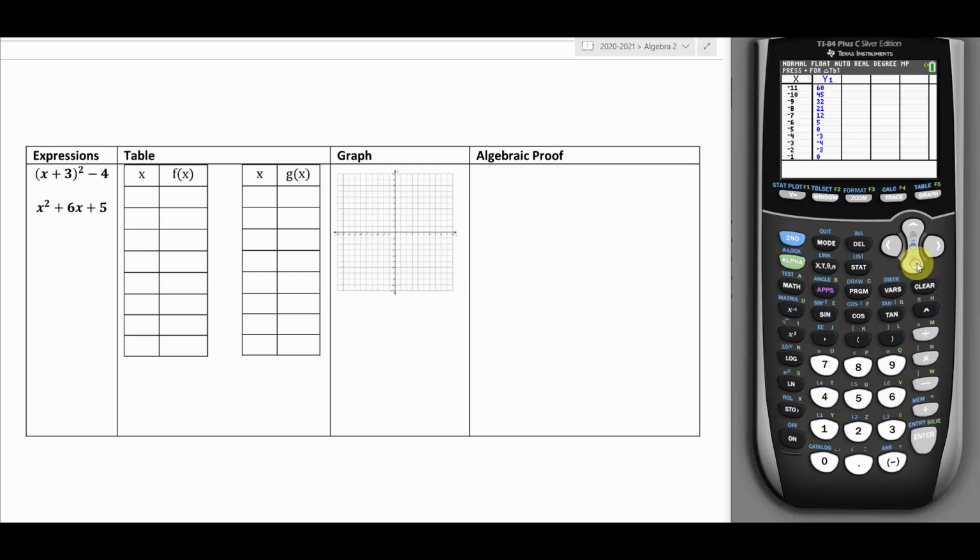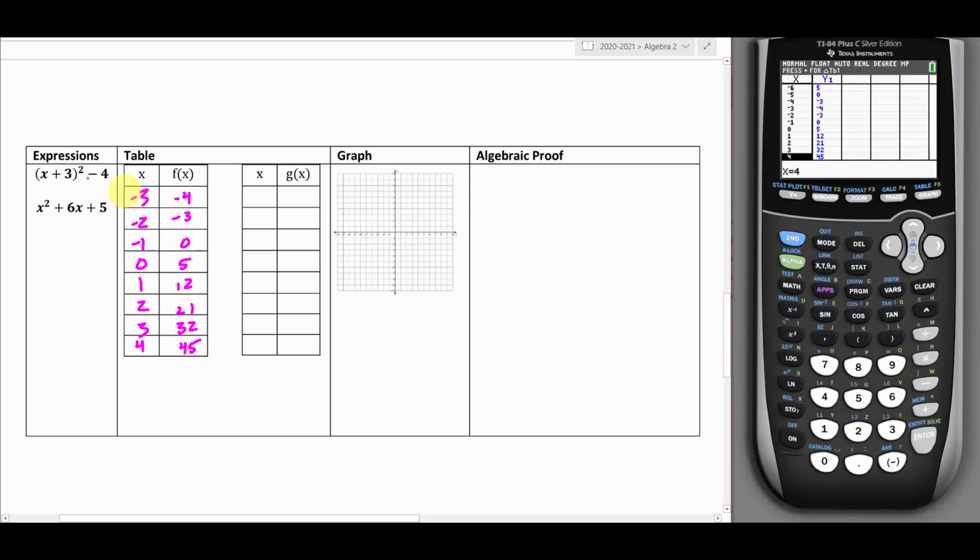I don't want to get too far away from 0. So let's do like negative 3 to 3 if we can fit that in there. So negative 3, negative 2, negative 1, 0, 1, 2, 3, 4. That works. And we're going to go negative 4, negative 3, 0, 5, 12, 21, 32, and 45.